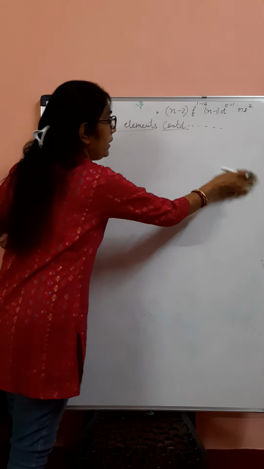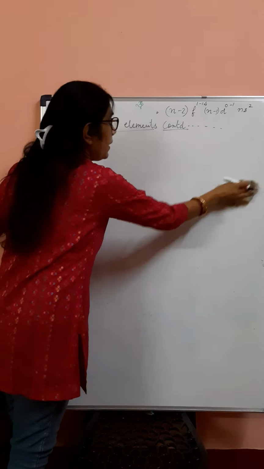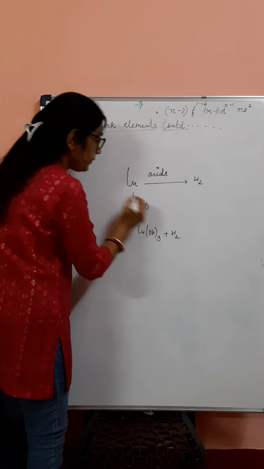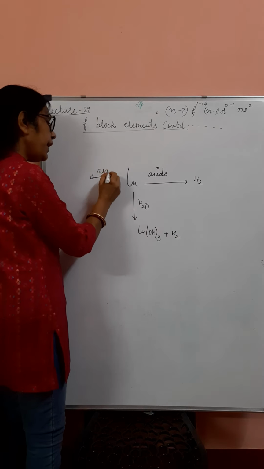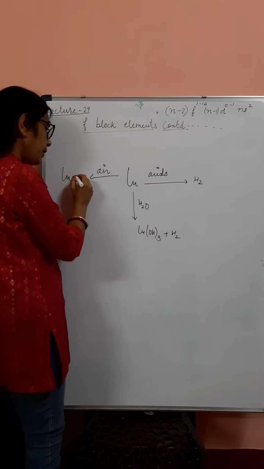So they have less chemical reactivity, but still some reactions you can see. When they are treated with acids, they liberate hydrogen gas. Upon treatment with water, they form lanthanum hydroxides. When exposed to air, they form lanthanum oxide.